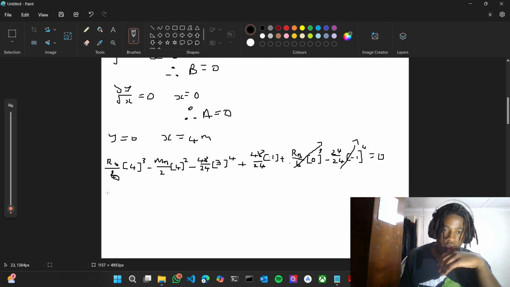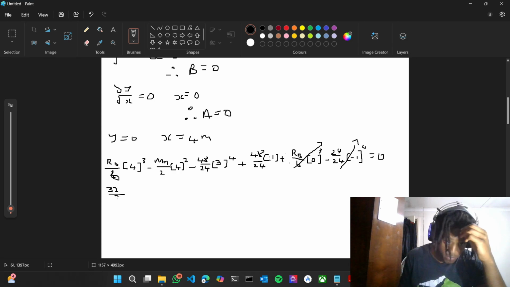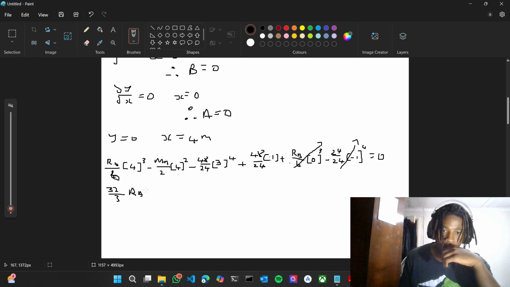Now if we simplify this, we're going to have 32 over 3 RA minus 8 MA. Okay, and subtracted by 162 plus 2, and that all equals to 0.